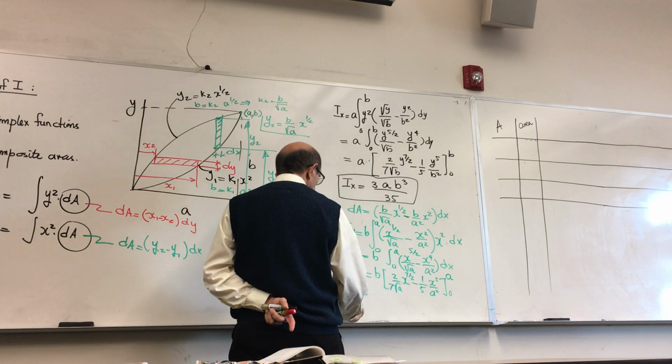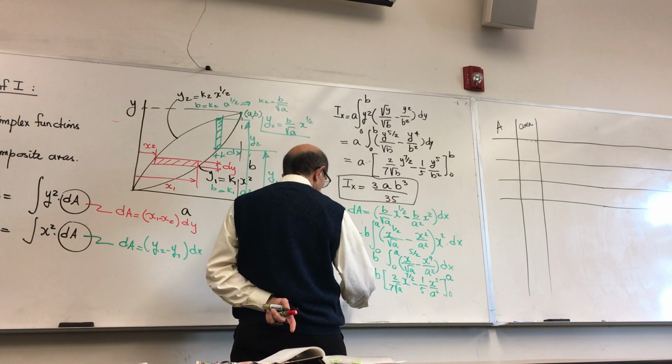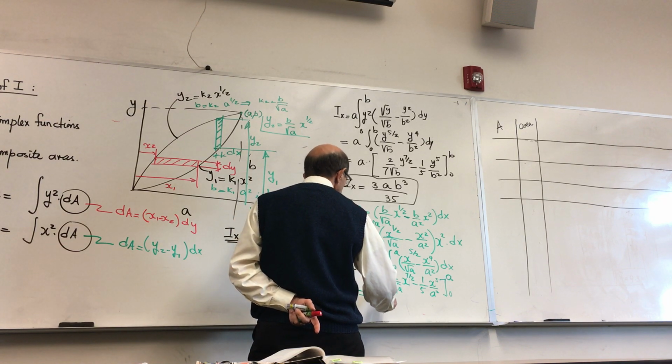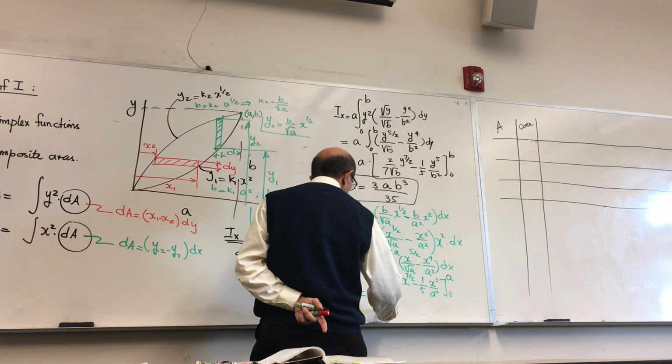If you perform that and simplify this, you get I sub y comes out to be 3b a cubed over 35.